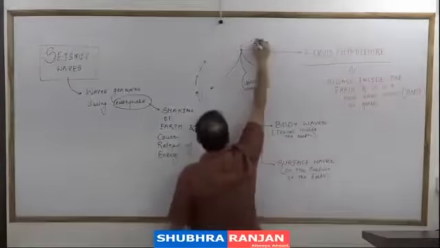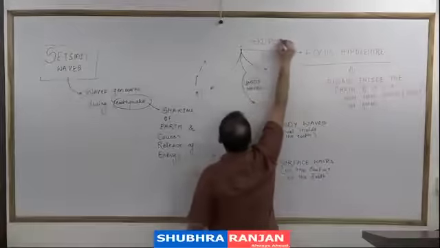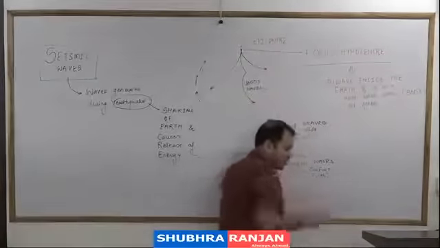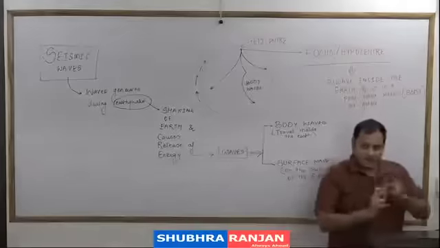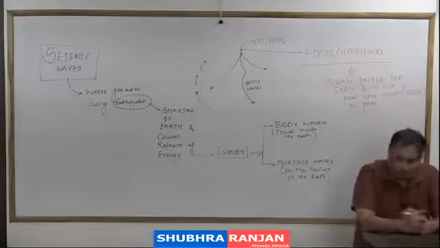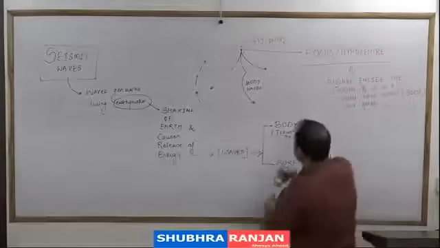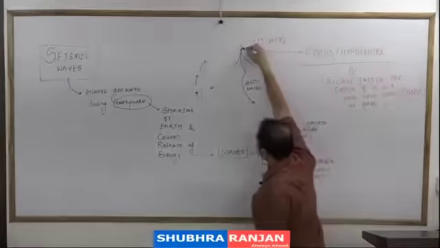And this is what is known as an epicenter. Always on the surface of the earth, and it is the point which is at a perpendicular distance nearest to the focus or nearest to the hypocenter. It is always on the surface of the earth, and it is the nearest point to the focus.